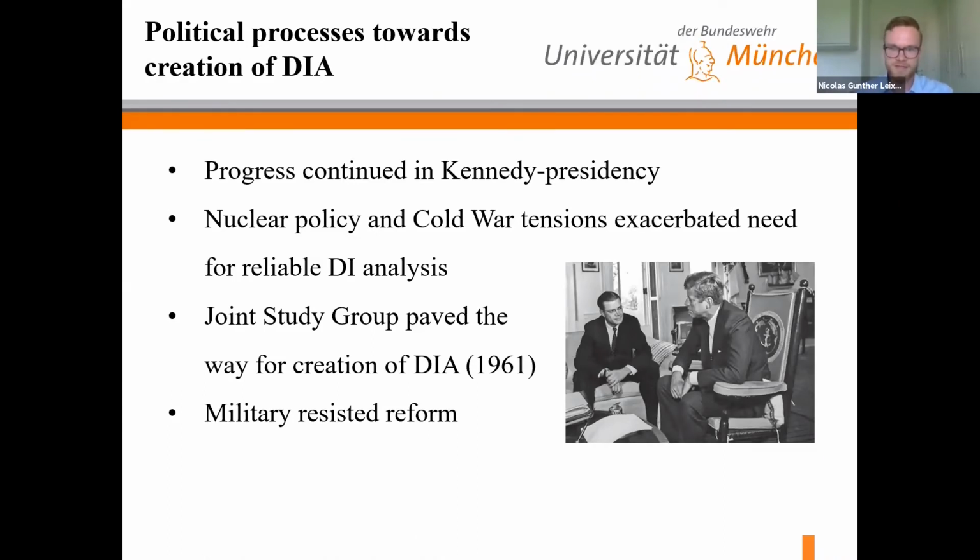So to enact this and make this strategy feasible, they needed a sophisticated and effective defense intelligence apparatus. So with all the need and with all of this clear, the Joint Study Group finished a report, and this was basically the starting point and the basis on which DIA was created a few months later in 1961.